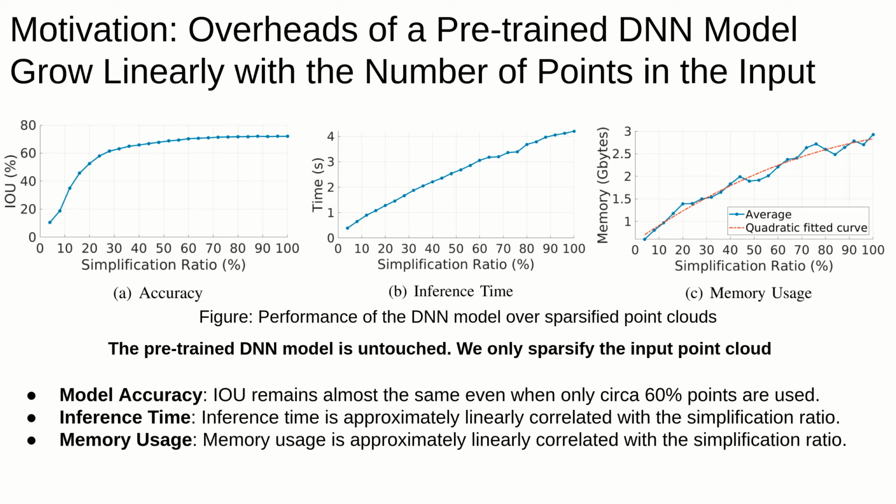Figure B shows the inference time versus the simplification ratio. We can see that the inference time is approximately linearly correlated with the simplification ratio. We plot the memory usage in Figure C, which also shows that the memory usage of the pre-trained DNN model is linearly correlated with the simplification ratio.